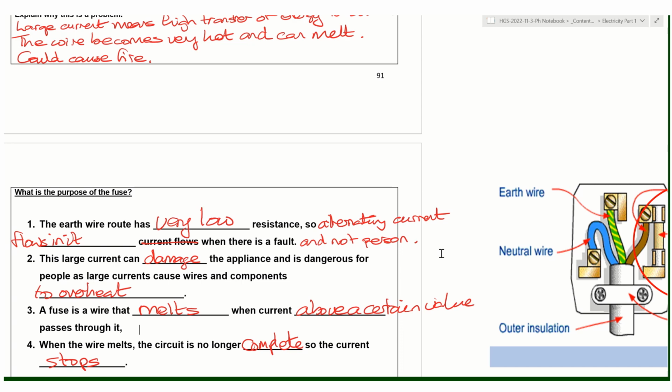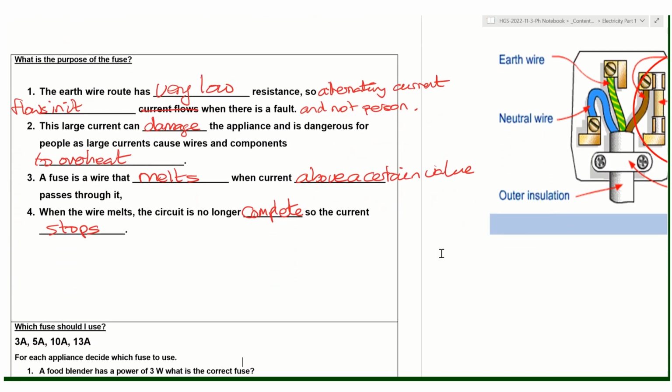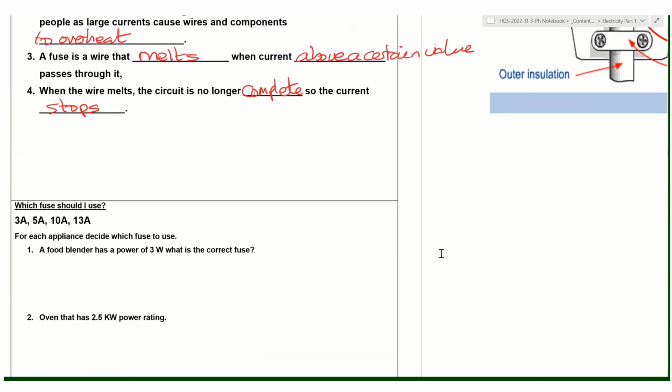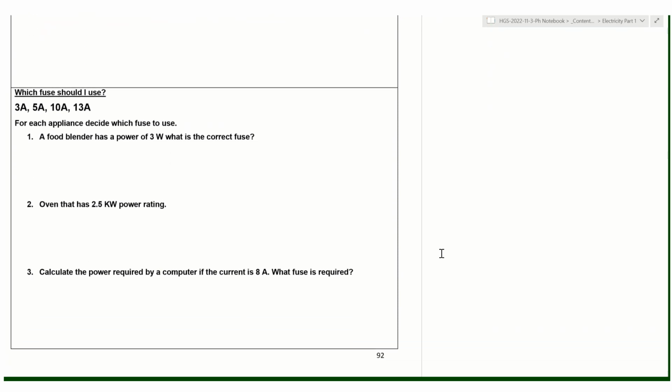So we need the earth wire to keep people safe, and we need the fuse to make sure that the appliance doesn't melt. Okay, now I've given some examples here. For each of these, we need to decide which of these fuses I'm going to use. They're giving us the power, and the power is equal to the potential difference multiplied by the current.